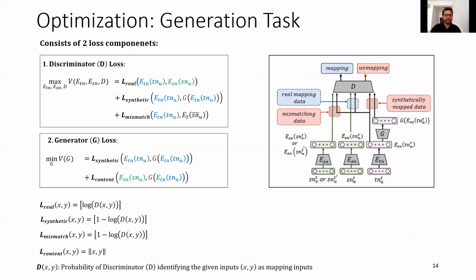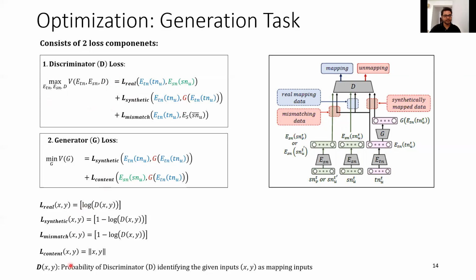So now let's look at how to optimize this process. This contains two loss components, the discriminator loss as well as the generator loss. The discriminator loss function has three subcomponents. It is a maximization with the three subcomponents corresponding to the three scenarios that we discussed. LReal corresponds to real matching data and it is log D(x,y).